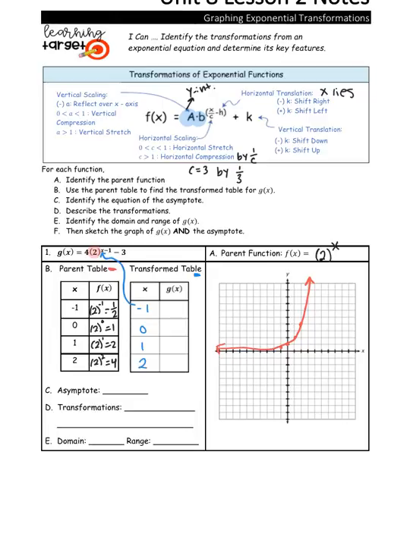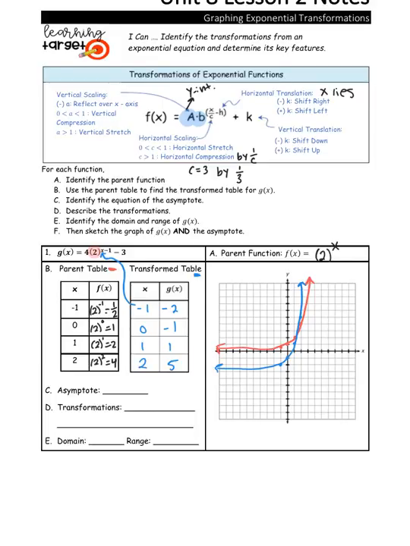So the values you should get are -2, -1, 1, and 5. Let's go ahead and graph that one. Okay, so that is what our graph looks like.